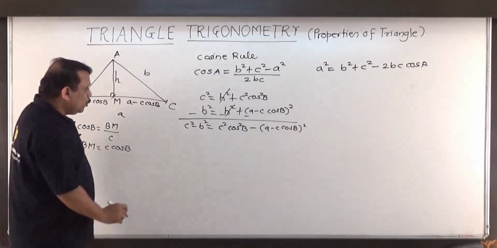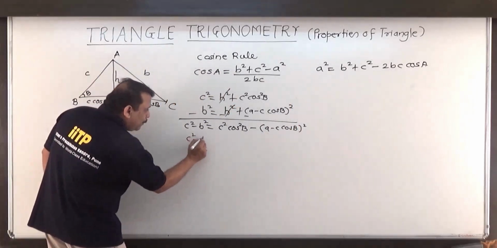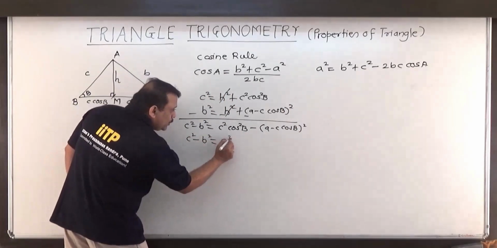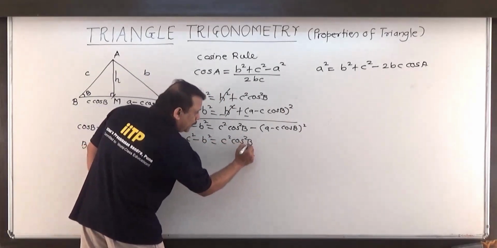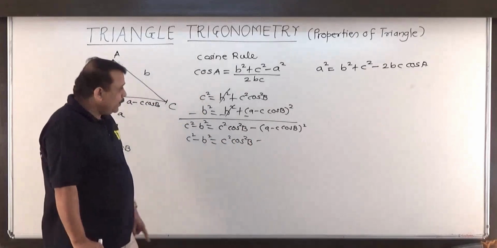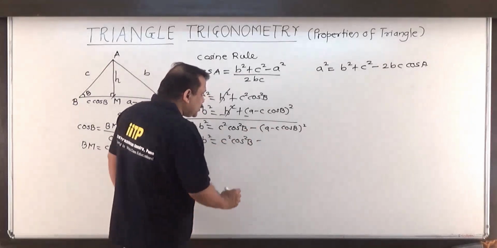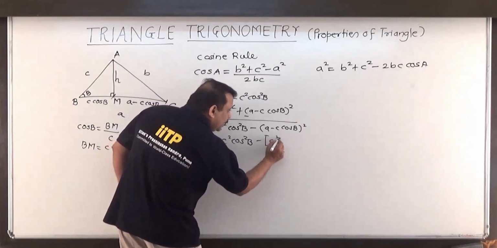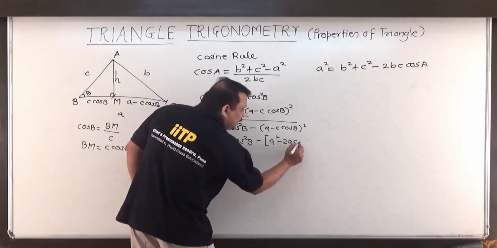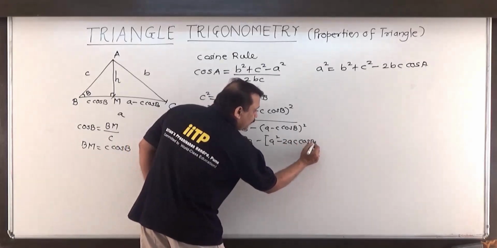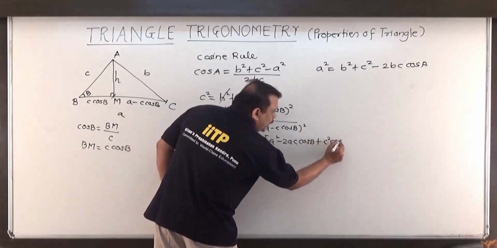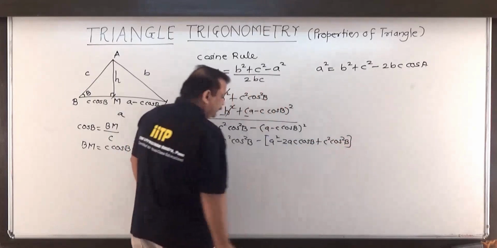So I get c² − b² equal to c² cos² B − (a − c cos B)², which is what? a² − 2ac cos B + c² cos² B.